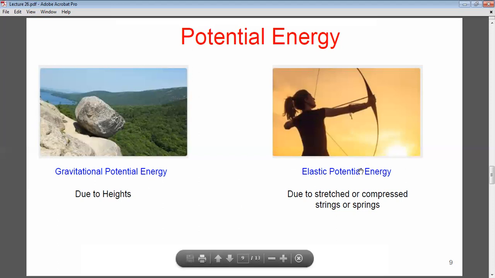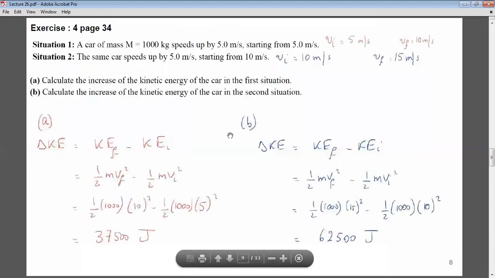So we have two types of potential energy. One is gravitational, due to gravity. Once it is allowed to move, gravity will pull it downward. And the other is due to the rope or the string or the spring because they are compressed. So it has elastic potential energy.